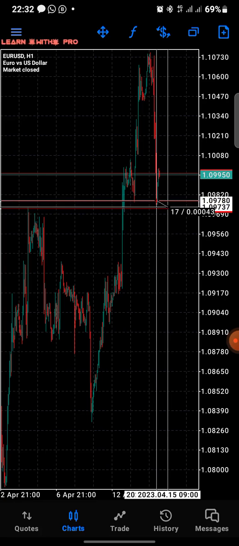I'm looking at 43 pips, because the difference in price is 0.0043. That's the pips.